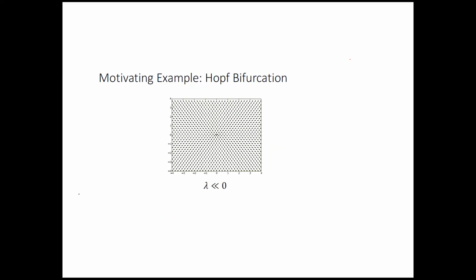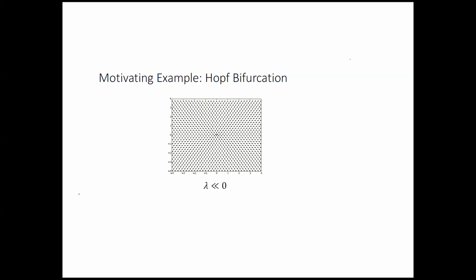So here is an example based on Hopf bifurcation, where you can use it just from multivector fields. But since I want to explain it in a situation where you really know what's going on, I take a dynamical system on the plane with a parameter undergoing Hopf bifurcation. So you have here a cloud of vectors.